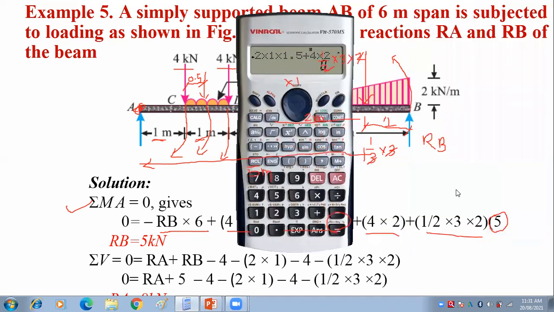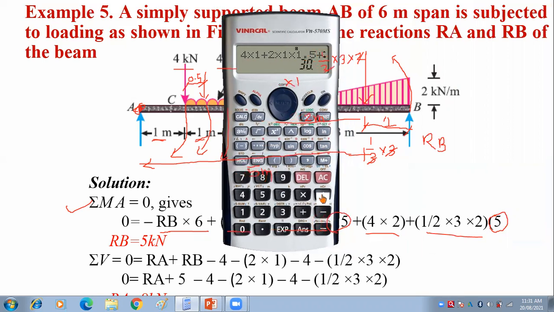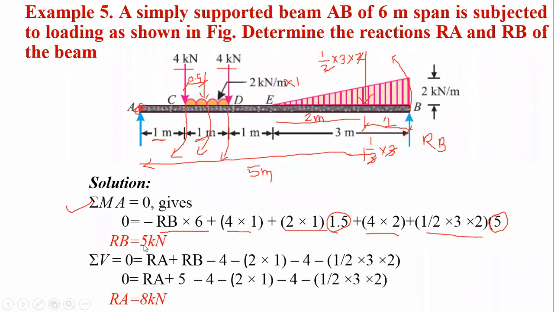Now here the remaining term is 3 into 5 plus 3 into 5. Now this term is 30. Now divided by 6, you'll be getting 5. Your reaction will be 5 kilonewton. Once you solve this term, you'll be getting reaction of 5 kilonewton.